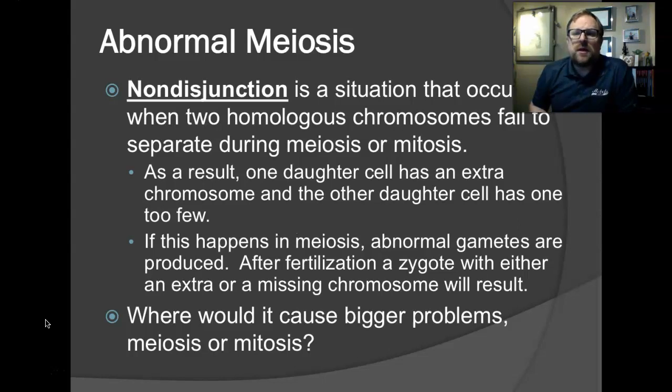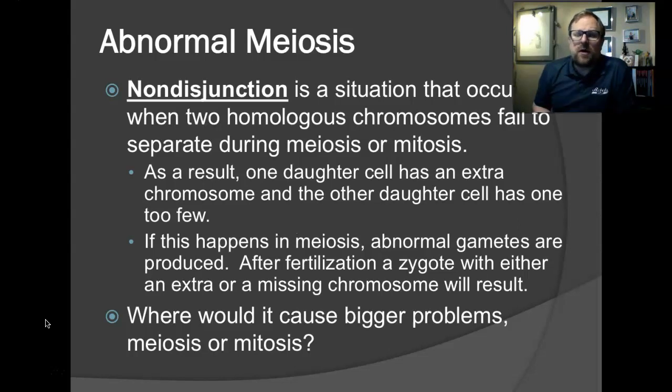But you can imagine that if this happens with just one of the pairs of chromosomes, it can cause some problems along the way. We're going to end up with a daughter cell that has one too many chromosomes, and a daughter cell that has one too few. If this happens in meiosis, abnormal gametes are then produced.